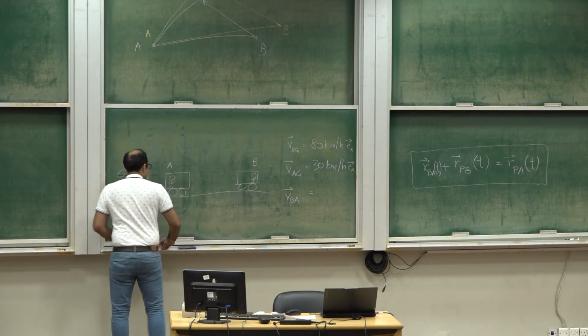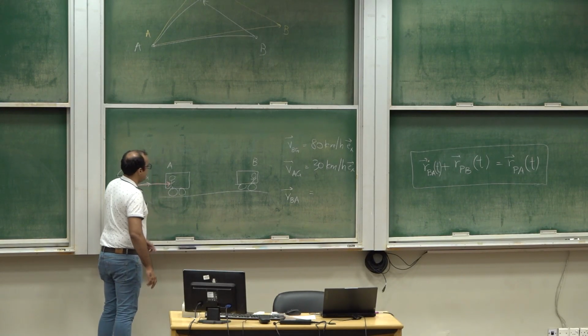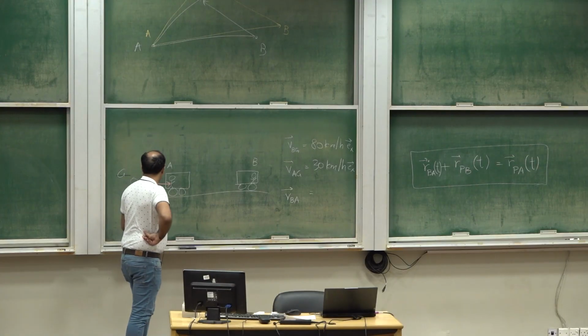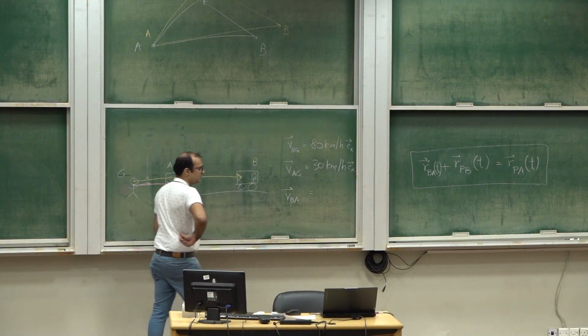Now let's try to visualize what is happening. To measure the position vector of A, you draw this arrow. To measure the position vector of B, G draws this arrow.